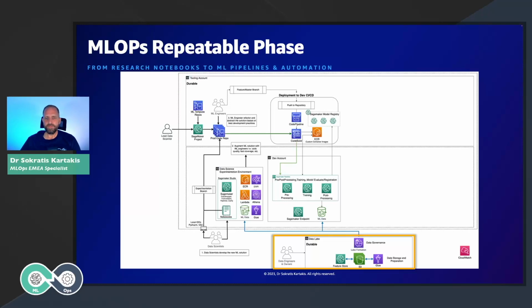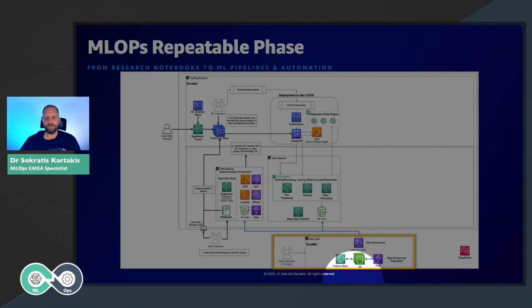For some larger, let's say, enterprise customers, they might have multiple data lakes that, very briefly, they might call data mesh approach. We are not going to cover this now, but keep in your mind that a customer might have multiple data lakes.